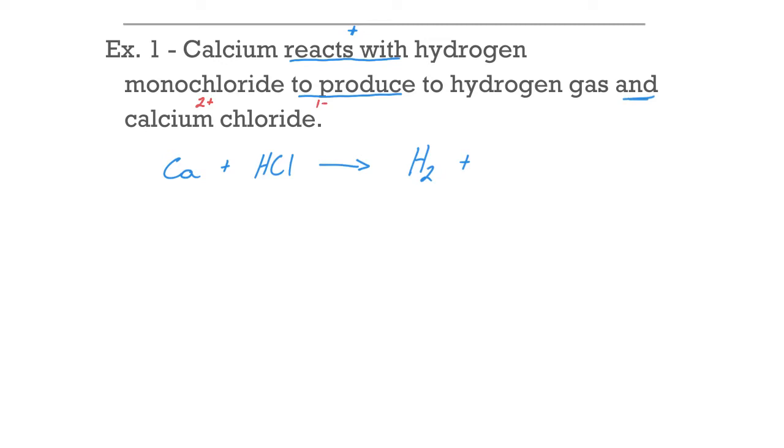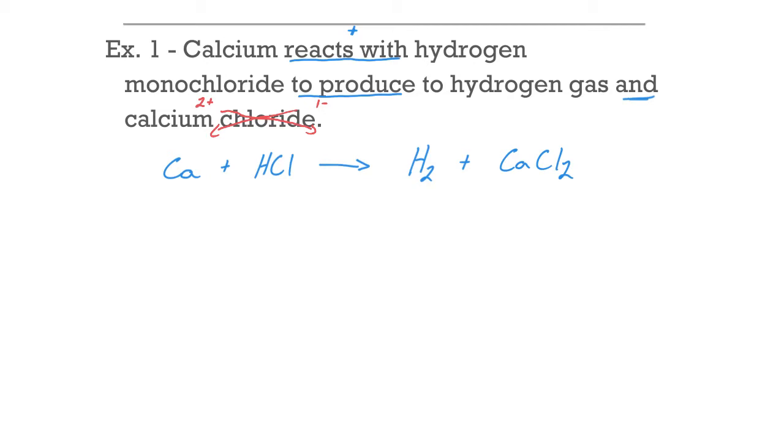Once I do that, I remember my rules, and in my mind, or you can do it in your notes, I'm going to imagine I crisscross those charges. So when I write that formula out, it would appear as CaCl2. So there's our chemical equation for what's happening here as opposed to writing out the words.